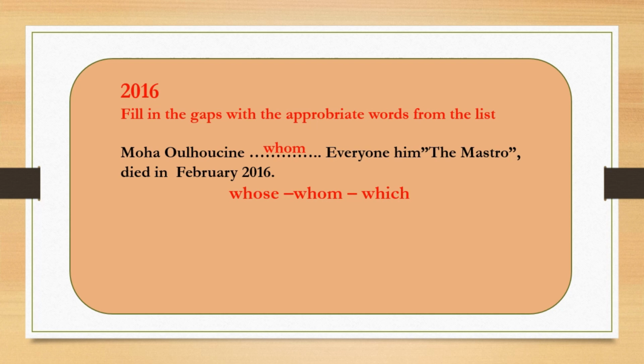Everyone calls him, so we have محا الحسين and him which is object case, that's why we use whom. عندنا محا الحسين اللي هي اسم عاقل وعندنا everyone اللي هو ضمير، داكشي علاش غنديرو whom. بالنسبة محا الحسين وعندنا him اللي هي object case بمعنى مفعول به.